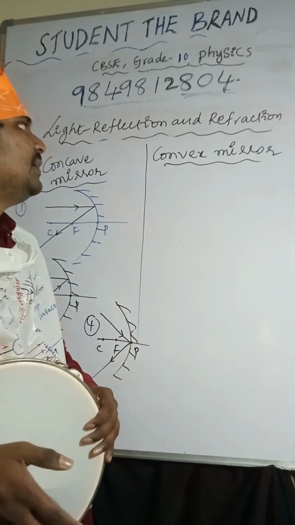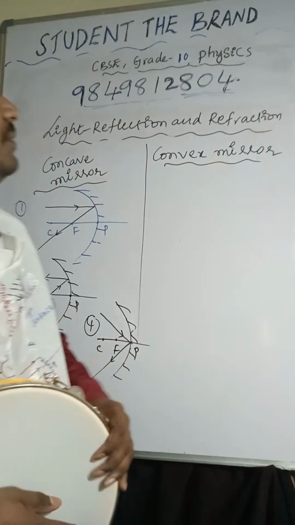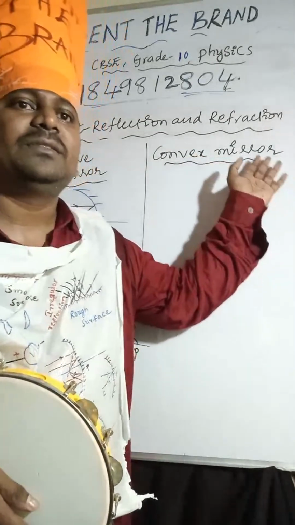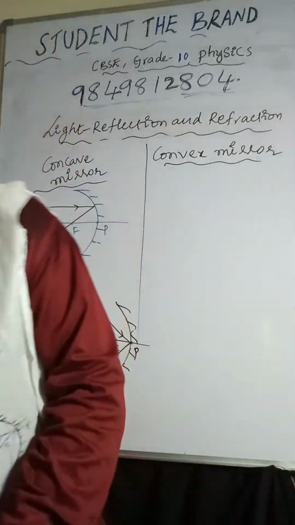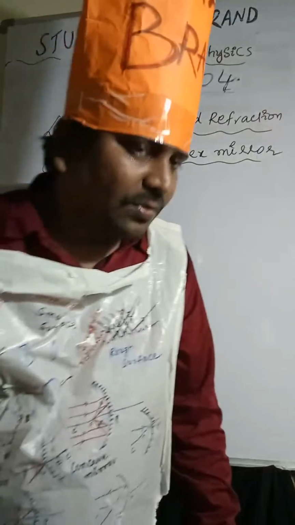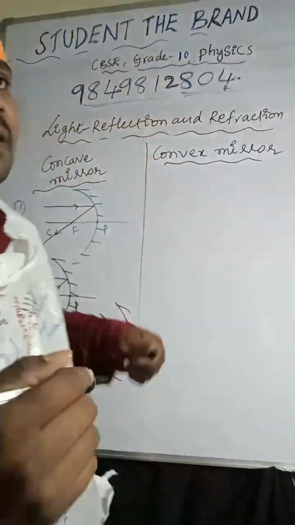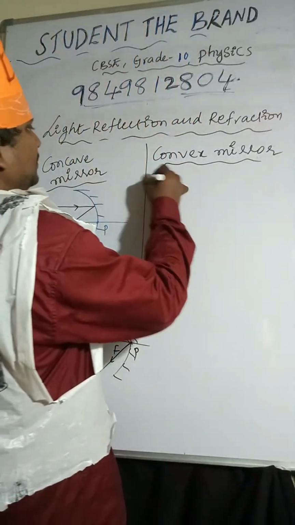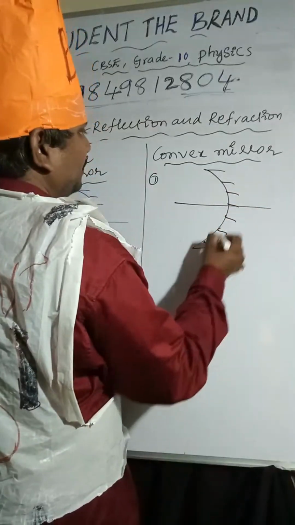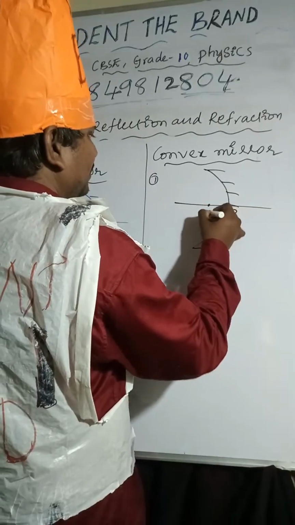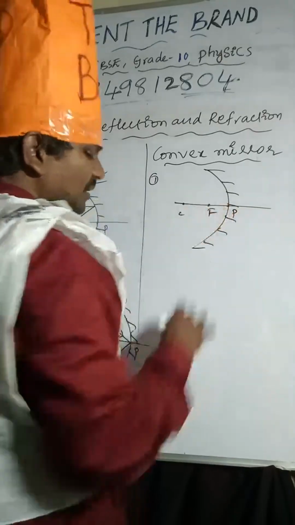Next, we are going to convex mirror ray rules. We are discussing convex mirror ray rules. First one. Pole, focus, center of curvature.